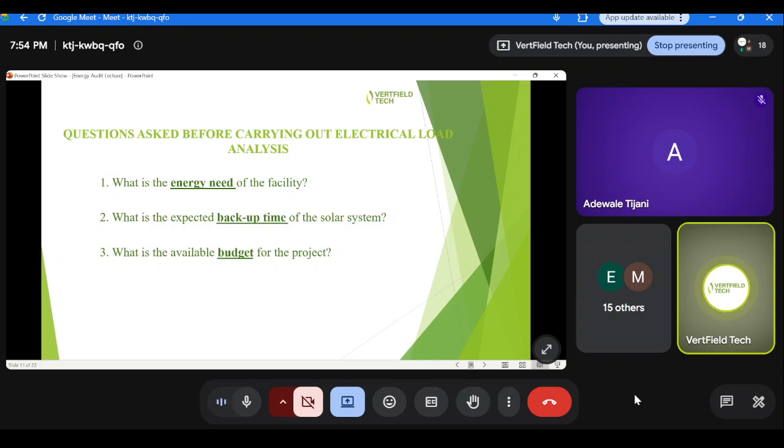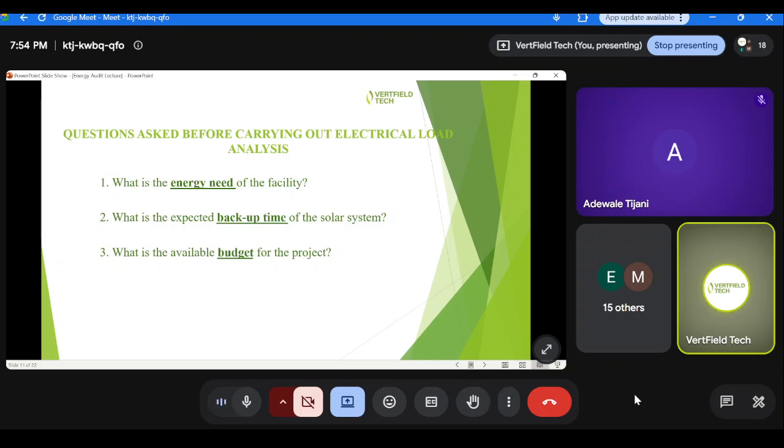Now, asking the question of budget will, one, help you to understand the real needs of your client. Two, it will save you the stress of going through a rigorous process without achieving anything. And three, it will help you to give your client the best system she can afford at that moment.